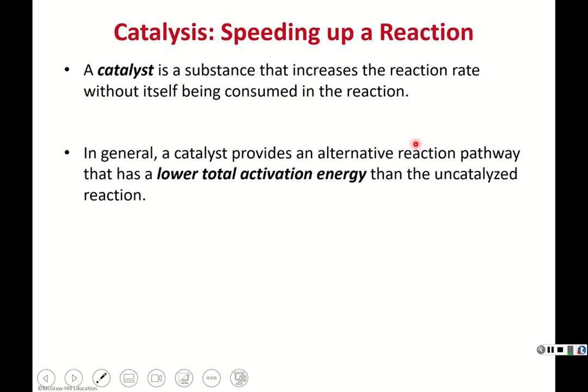So in general, a catalyst provides an alternate reaction pathway, right? And by doing so, it provides one that lowers the total activation energy. So it's just providing a different path so you can avoid that big activation energy barrier.